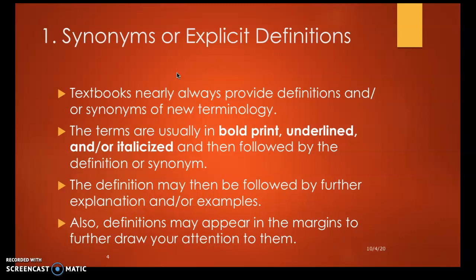You're going to see that there are going to be definitions given for a lot of the new terminology. That'll especially be true of terms that are in bold print or underlined. They're almost always going to be followed by a definition. After that, sometimes you'll get examples and more information, maybe the history of the word or the concept. So just be on the lookout for that information as you read.